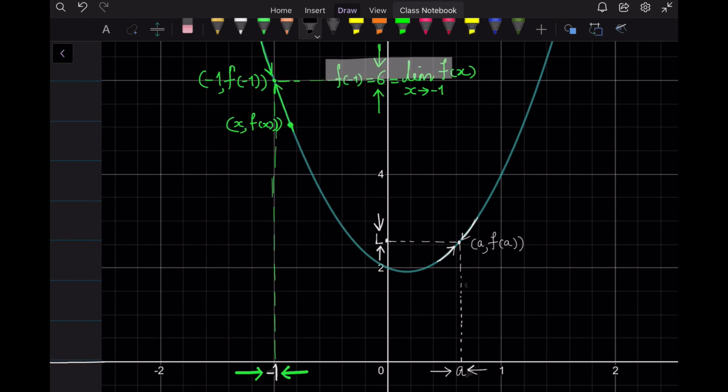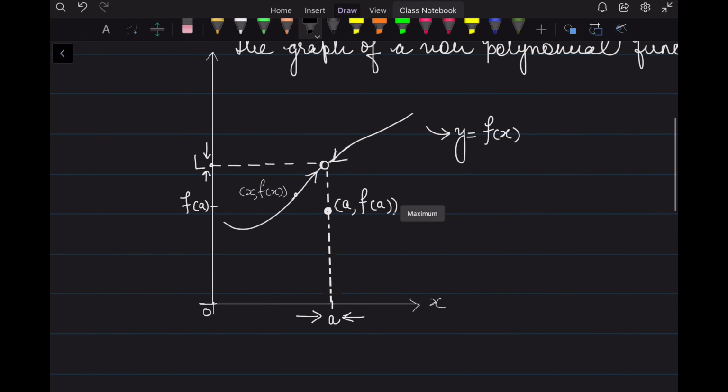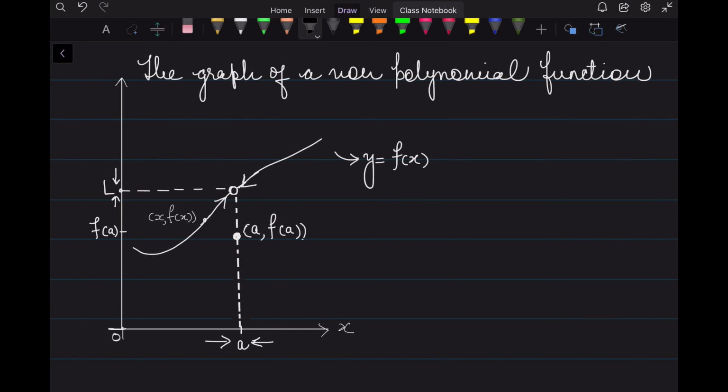So this is the direct substitution property. And it is because of this property that we don't see a break in the graph at x is equal to minus 1. To make it clearer, I'm going to show you the graph of a function which is not a polynomial. So I have right here the graph of a function where you can see that as x approaches a, the points on the graph do not approach the point whose y-coordinate is equal to the value of this function at x is equal to a.